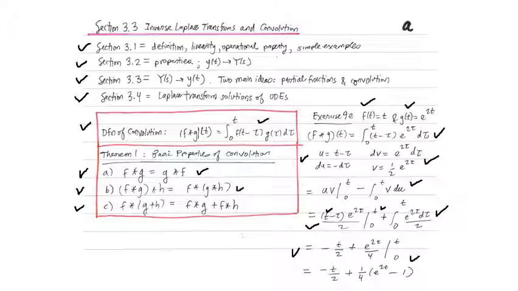Property B tells us that convolution is associative, just like multiplication is associative. And property C tells us that convolution is distributive with respect to addition, just like multiplication is distributive with respect to addition.